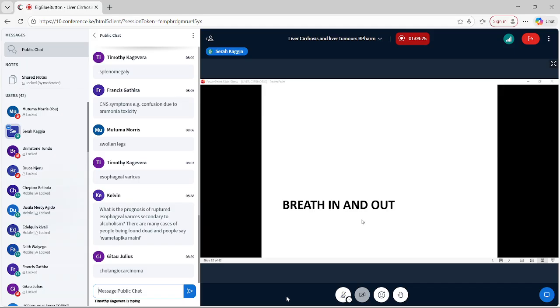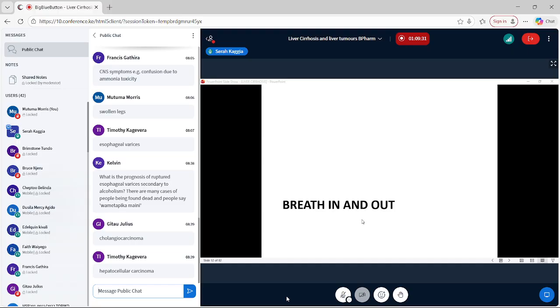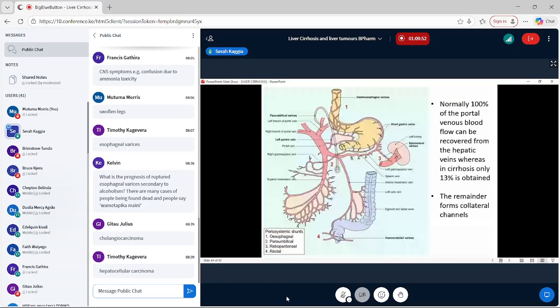Kevin, so there are two things here. There's Mallory-Weiss syndrome, rupture of those blood vessels around there, and they can vomit with blood. But there's the one of actual rupturing of blood vessels.